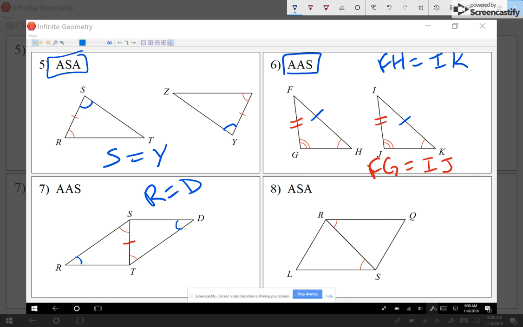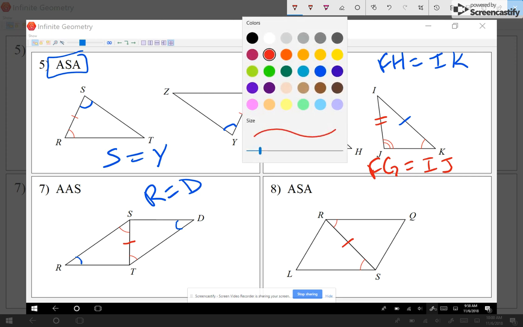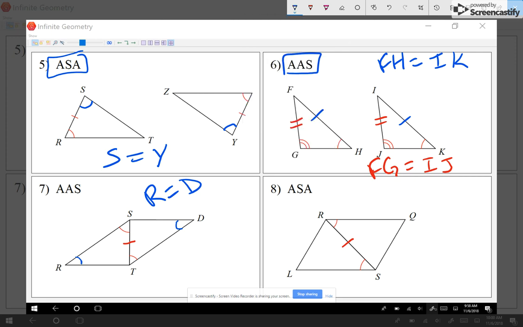Now looking at number 8, I can legally mark this side because they both share it. So I needed angle, side, angle. So the side is going to be between the angles. So I need this angle equals this angle.